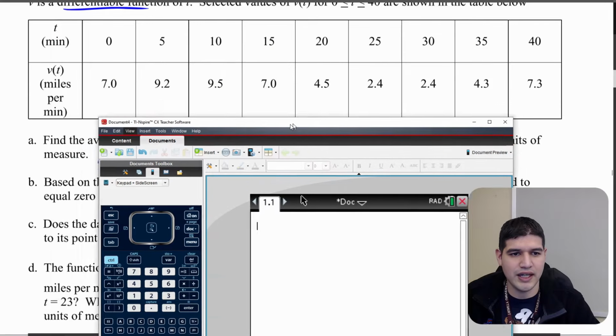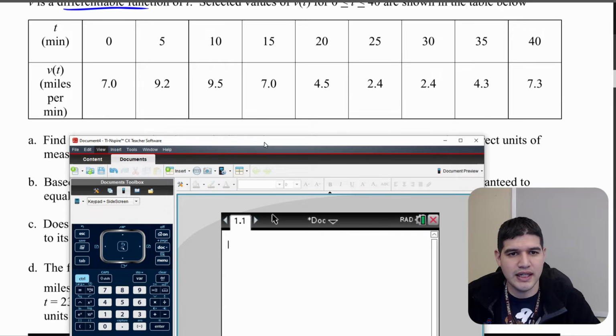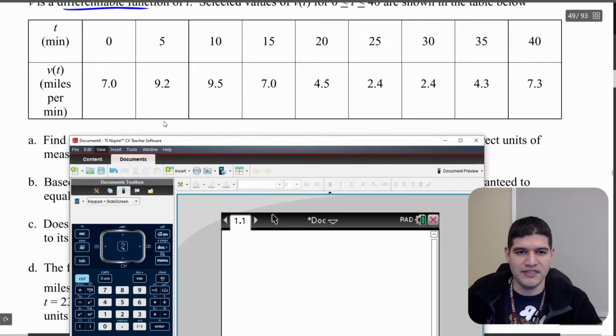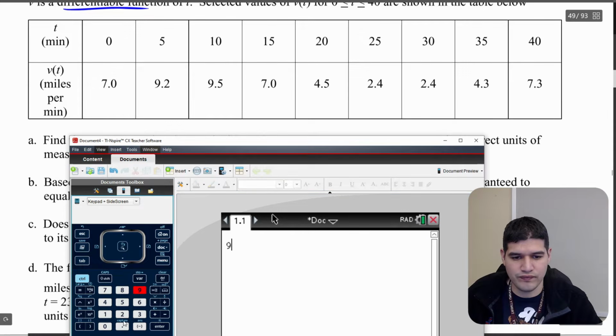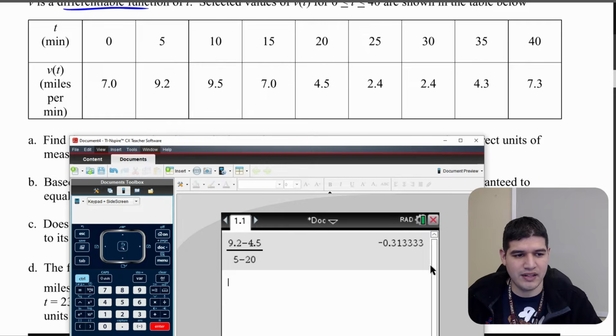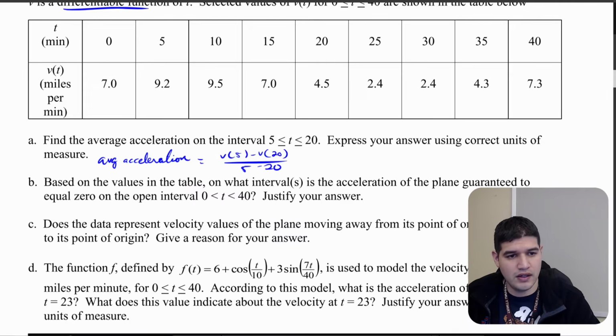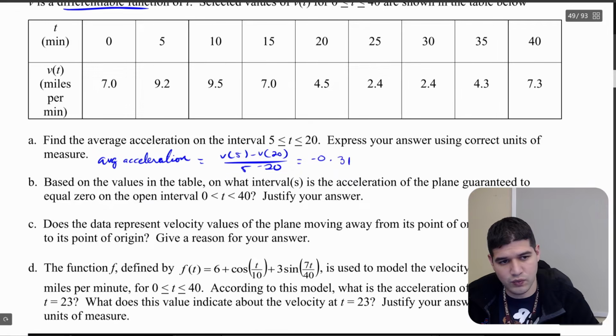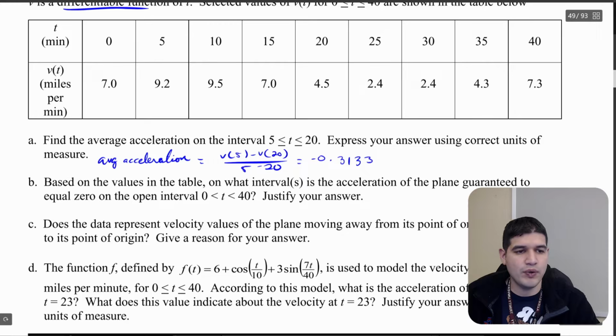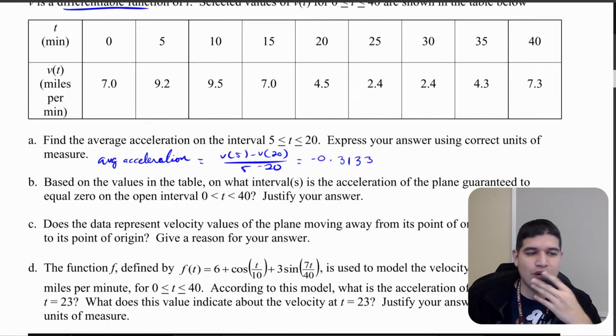All I'm going to do is take v of 5, which is 9.2, and subtract v of 20, which is 4.5, over 5 minus 20. So let's see what I get. Negative 0.3133. So that's going to equal negative 0.3133.